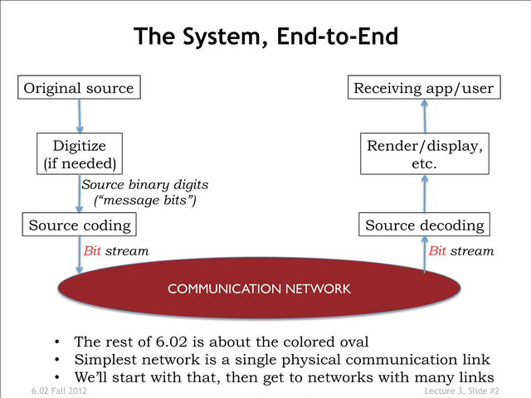There's the decoding step, which is what we've seen with Huffman or LZW, the decoding end. And then you do whatever it is you're going to do in the application. So we've really said all we're going to say about source coding and decoding, and the rest of what we're going to do is focus on what happens inside here.